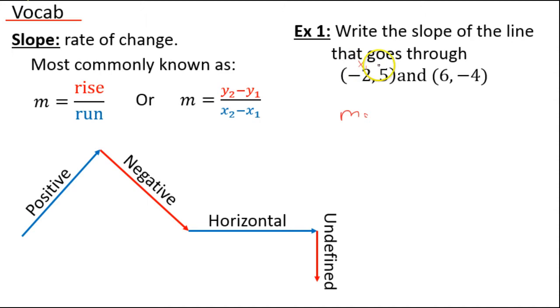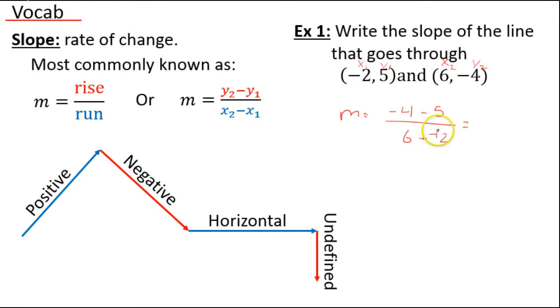Well, we know that this is our x1, y1, or our first point. This would be x sub 2, y sub 2. If we just plug those values in, we get y sub 2, so it's negative 4 minus 5, and then in the bottom we get 6 minus negative 2.